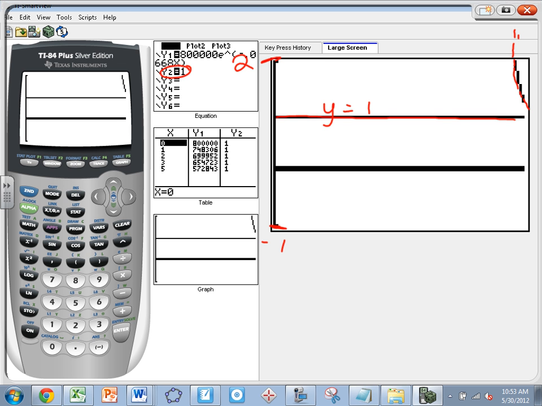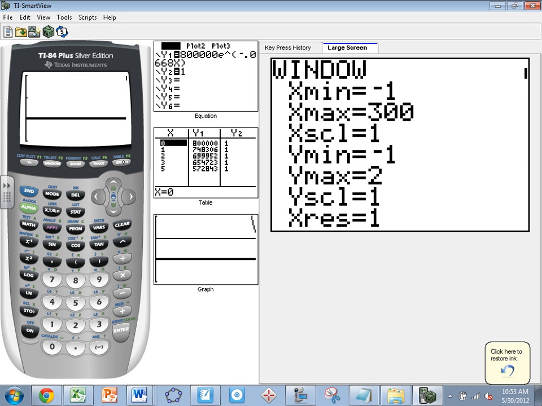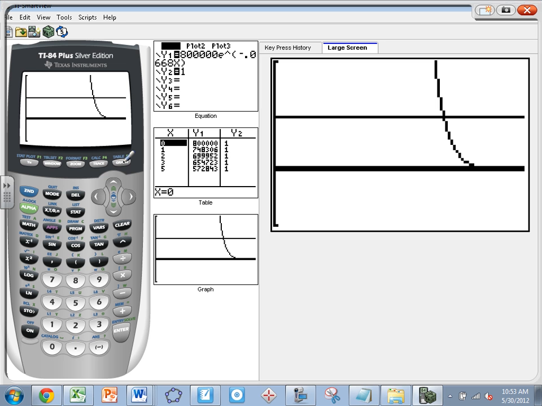So instead of x max being 200, let's go to our window and make the x max now 300 and see what happens. Hit graph. We're going to notice that now we can see our exponential decay drop down, and we can finally find this intersection. We are so zoomed in right now that this doesn't look like what we had earlier, even though it is.